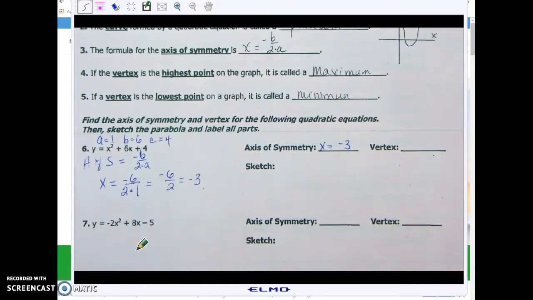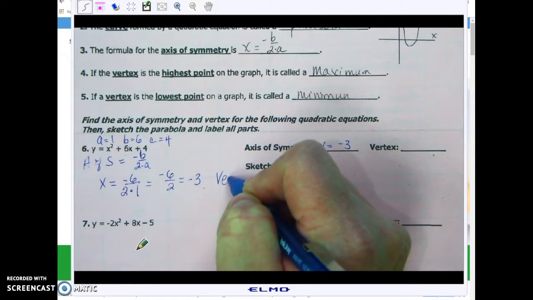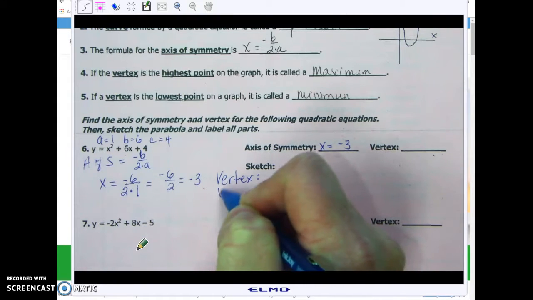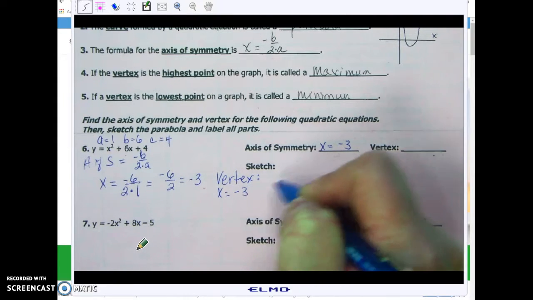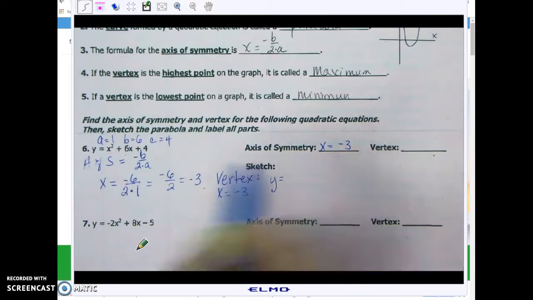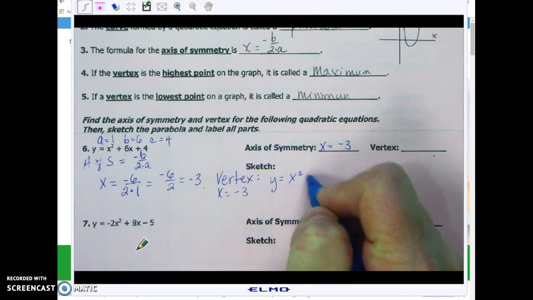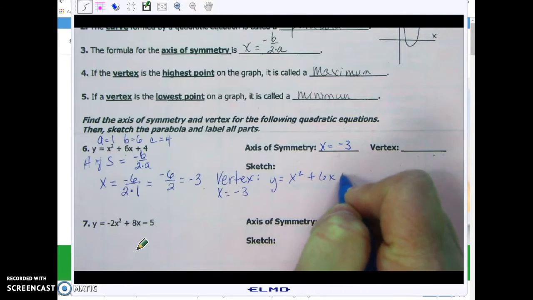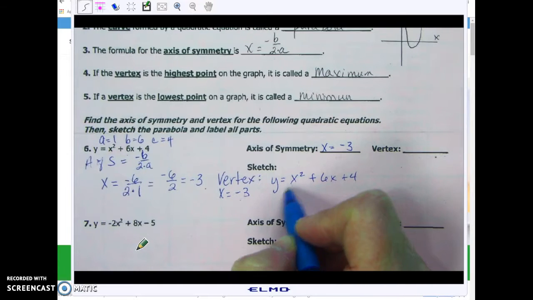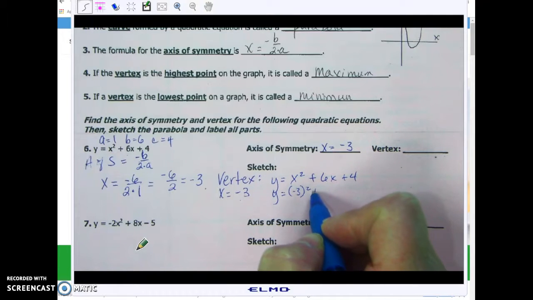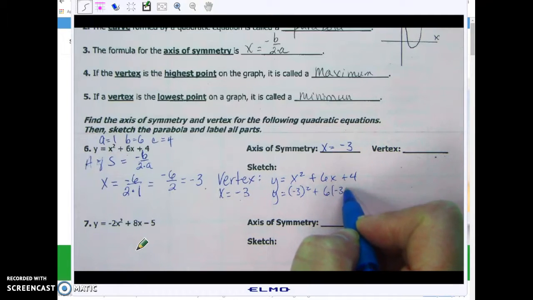Now, I've got to find my vertex. So for the vertex, x equals negative 3. So I'm going to do y equals, I'm going to put in the formula, x squared plus 6x plus 4. Now I'm going to plug in the negative 3. Y equals negative 3 squared plus 6 times negative 3 plus 4.